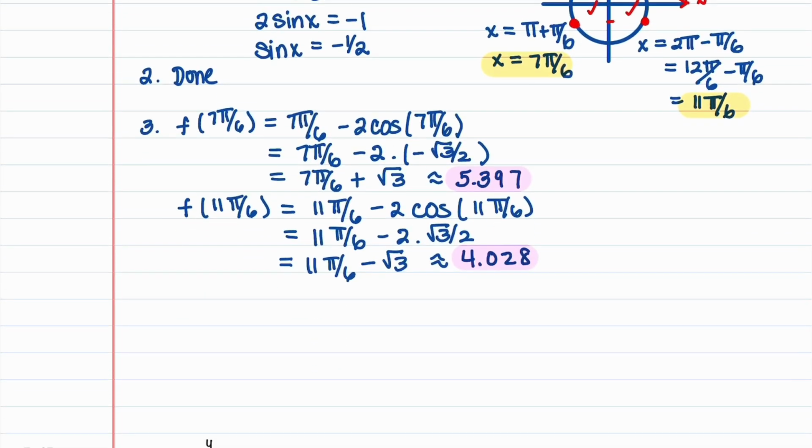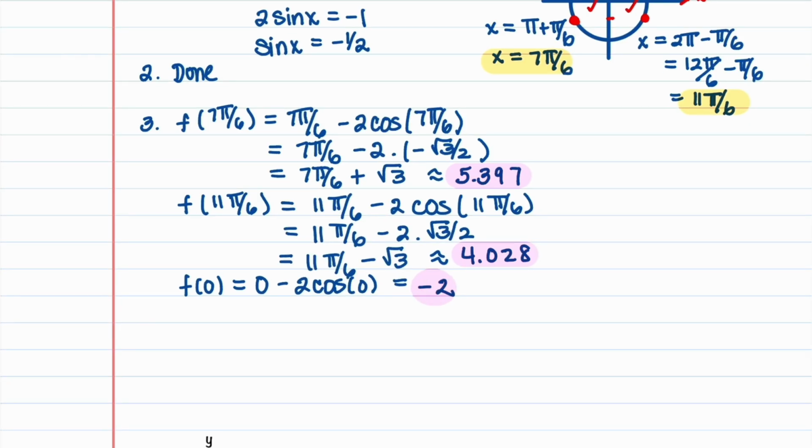Now we're going to check the endpoints. These are actually easier. We have f at 0. So this is going to be 0 minus 2 cosine of 0. Cosine of 0 is 1. So this is just minus 2. That was a lot easier. Now we just have one more.